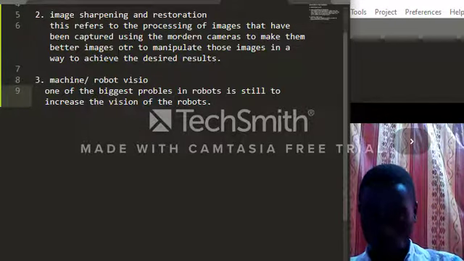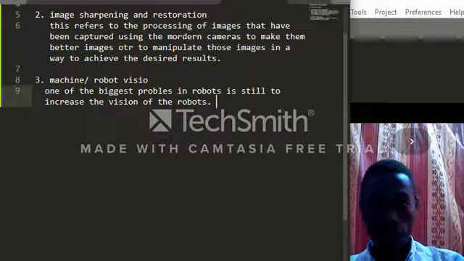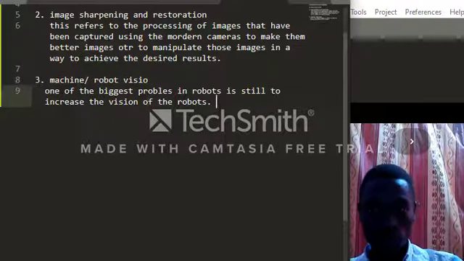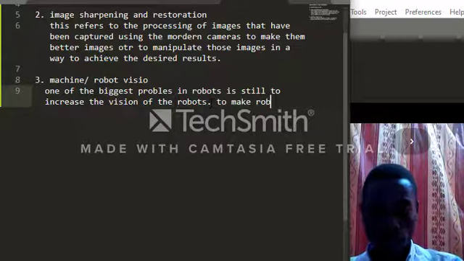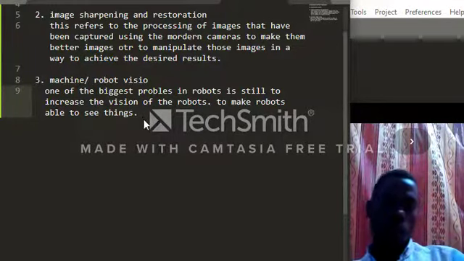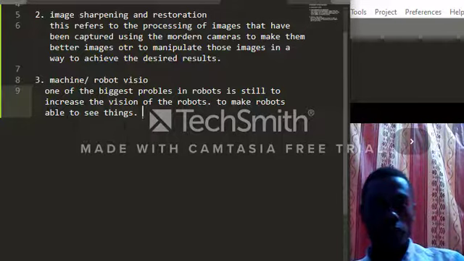So image processing can be applied in such an area or field to make robots able to see things. If image processing is applied, robots can be able to see different things using this technique.